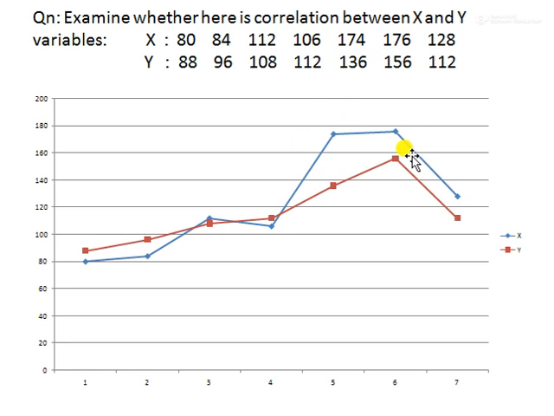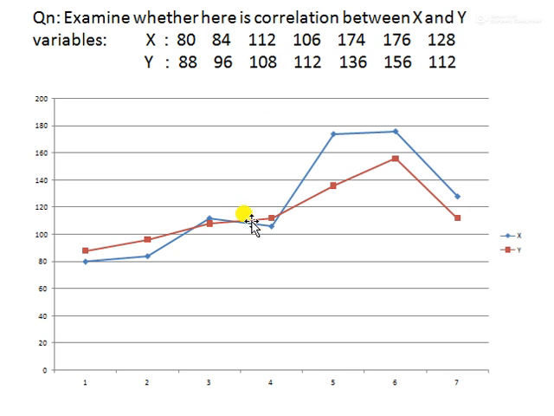The x and y are moving in the same direction, but in one particular case, that is here, x shows a decrease, y shows an increase. Except for this particular case, in all other time points y and x are moving in the same direction. Here it is in the opposite direction. Look at the question. Here x shows a decrease from 112 to 106, but y shows an increase from 108 to 112.